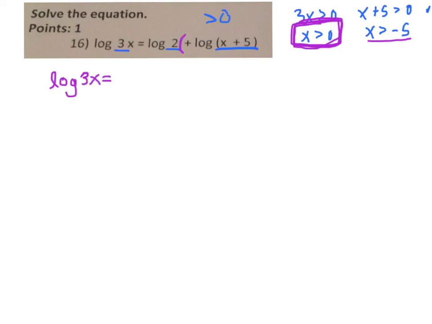Now that we know that, we can use the properties of logarithms on the right side here. This is addition, so we can combine these logarithms using multiplication. So that means let's distribute that 2.